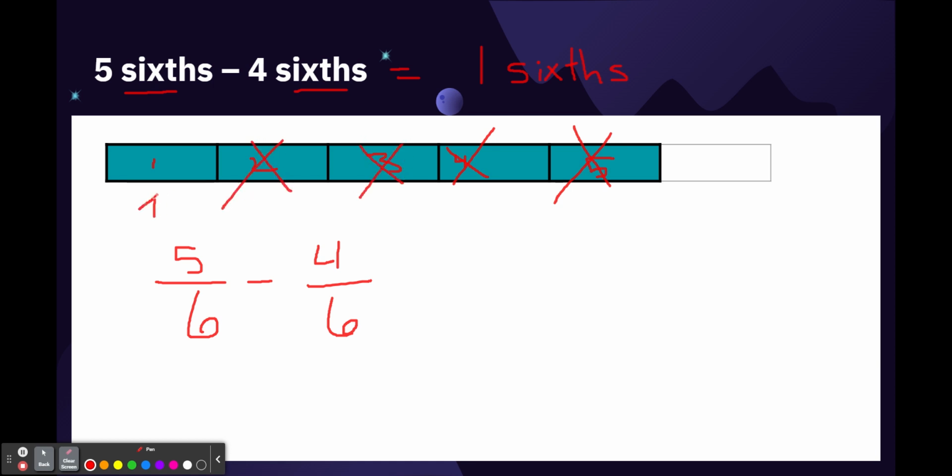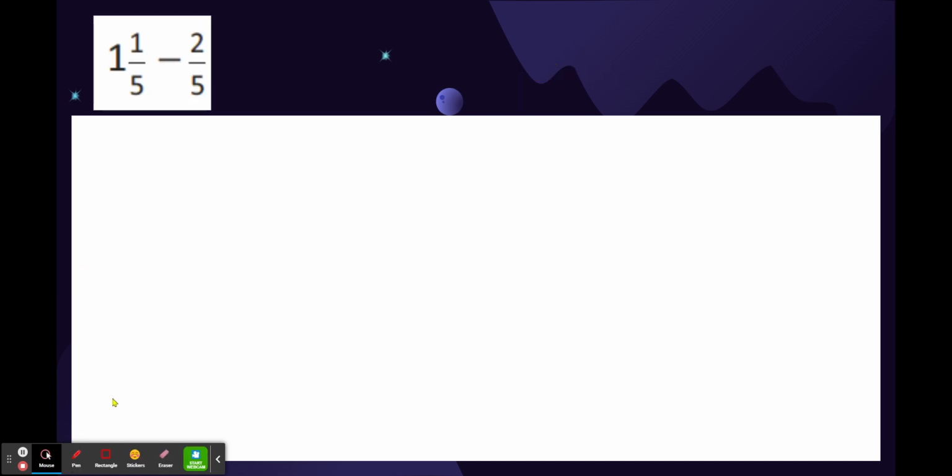I have 1/6 left over. Oops, that looks like 16, but that's 6 right there. There we go. So I have 1/6 left over. So 5/6 take away 4/6 is going to give me 1/6.